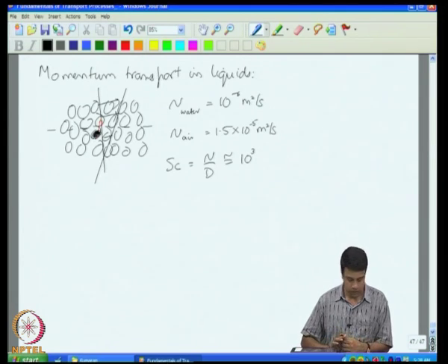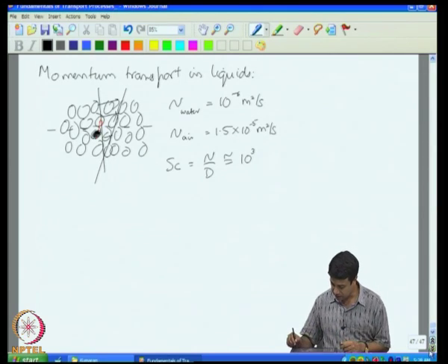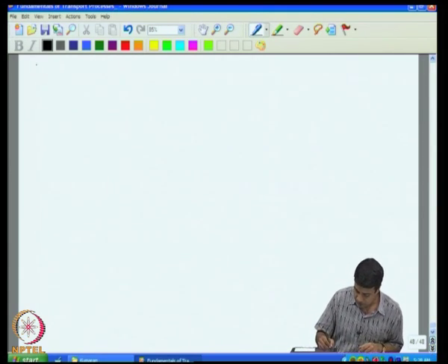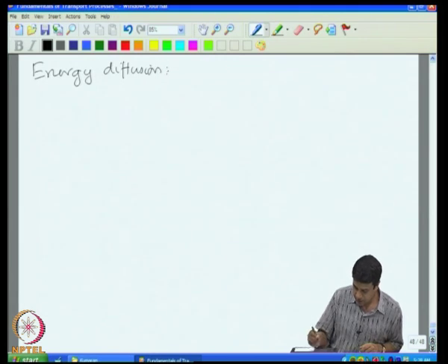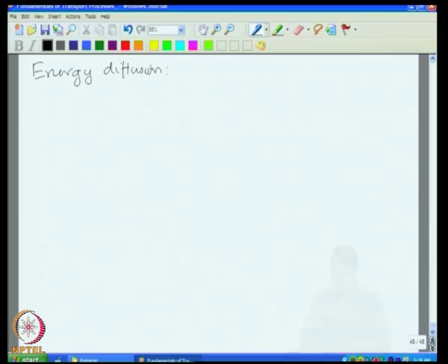Now, that is as far as mass and momentum diffusion are concerned. Let us go on to the third topic, energy diffusion. Energy diffusion obviously takes place due to gradients in temperature.